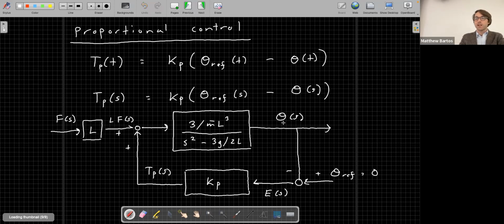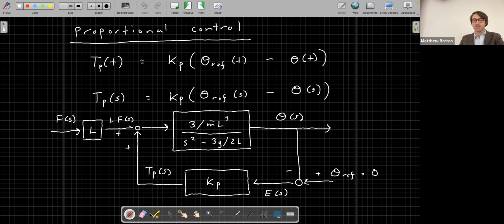If we follow this diagram here, we know that theta of s is equal to this transfer function times Tp of s plus L F of s, because that's what's on this incoming branch right here. And Tp of s is simply equal to Kp times negative theta of s, because our theta ref is 0.